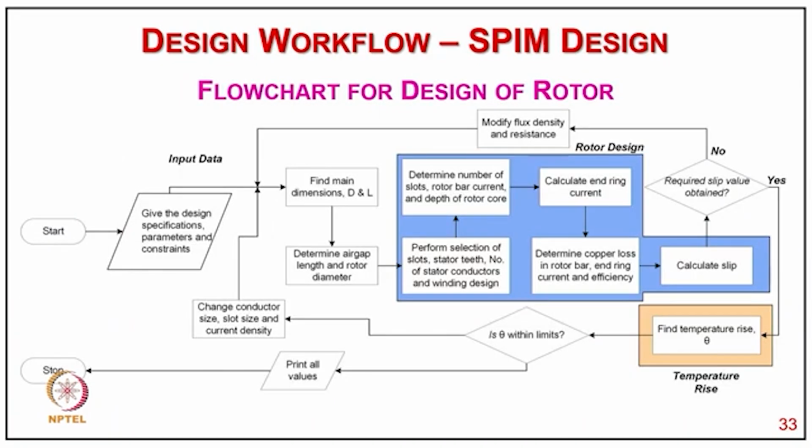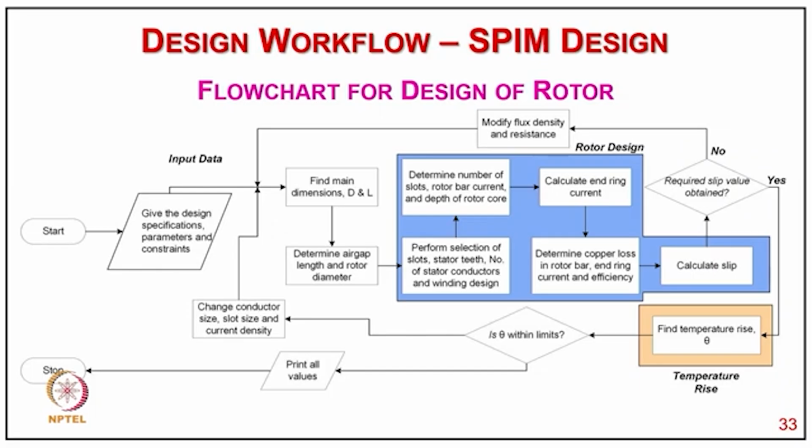Similarly for design of the rotor, starting from typically giving the design specification, parameters and constraints, then find the main dimensions D and L and determine the air gap length and diameter. Then typically perform selection of stator slots, study number of conductors and winding design, determine the number of rotor slots, rotor bar current and depth of rotor core, calculate the end ring current, determine the copper loss in the rotor bar and ring and current density, calculate the slip.